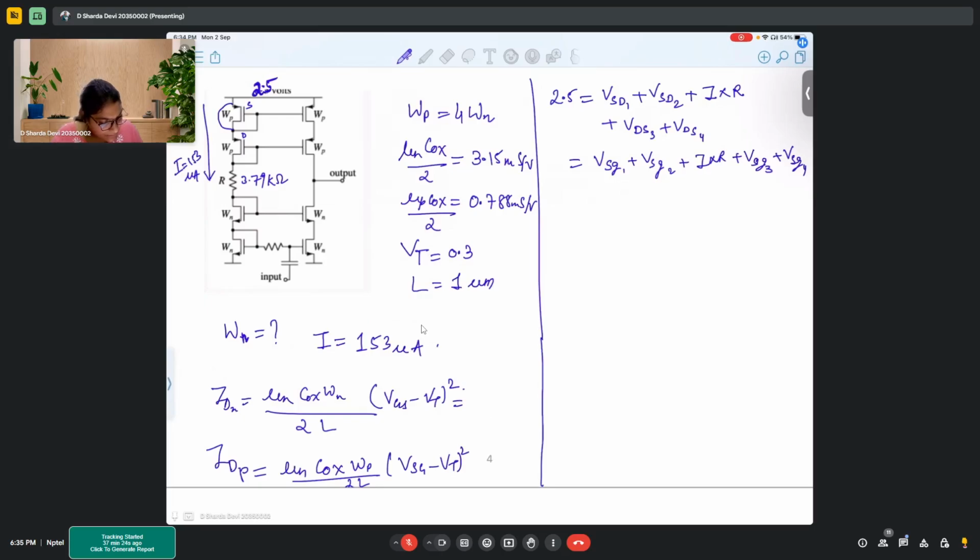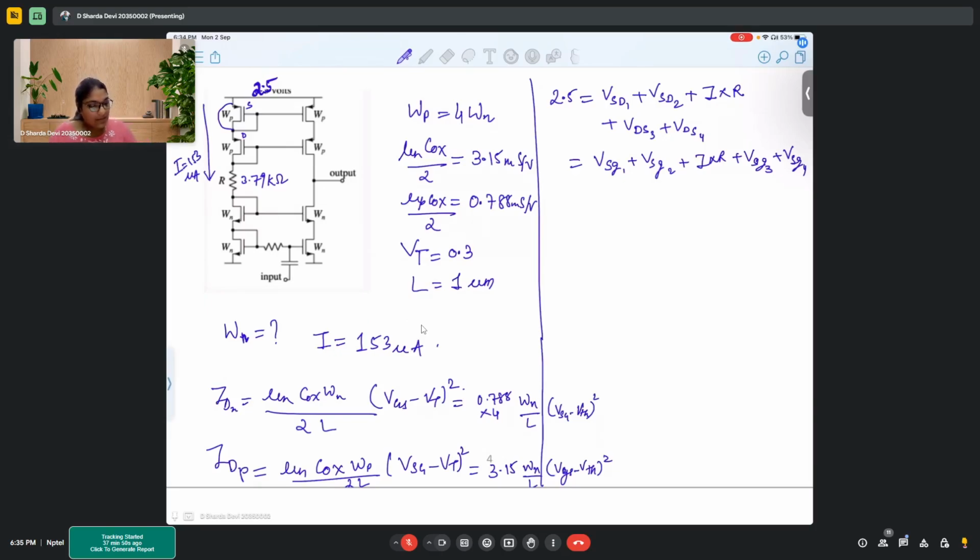So WP, so it will be 0.788 into 4 times Wn by L, and here it is 3.15 Wn by L, and then (VSG minus VTH) square, and there's (VGS minus VTH) square.